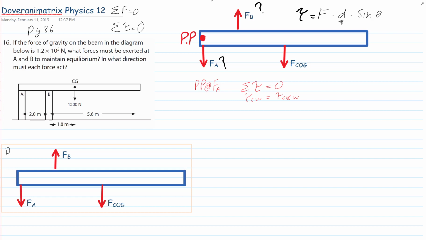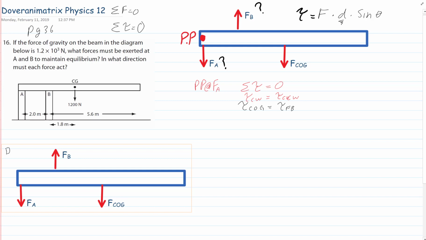Clockwise is forces this direction, and that'll be the center of gravity. So the torque caused by the center of gravity has to equal the torque caused by the force B.